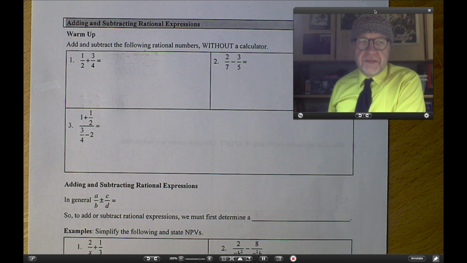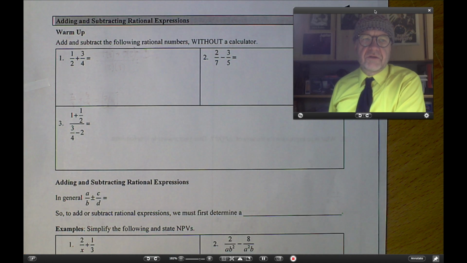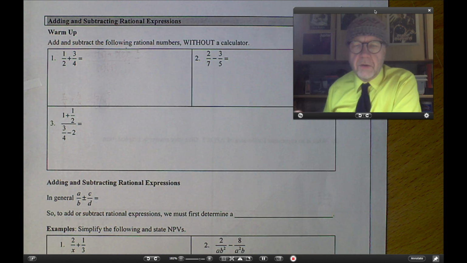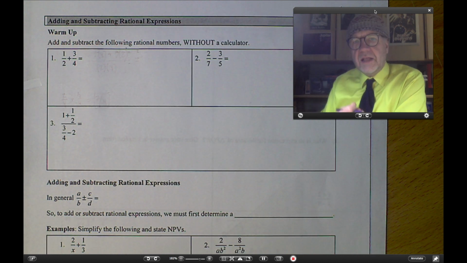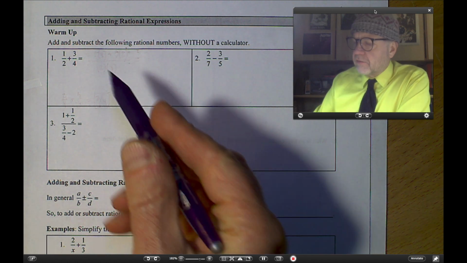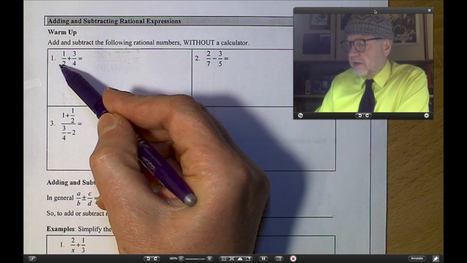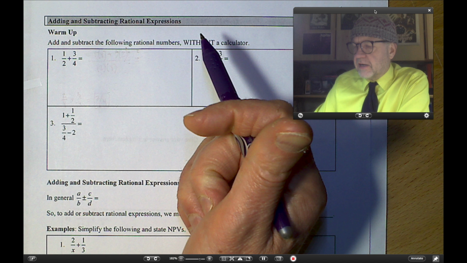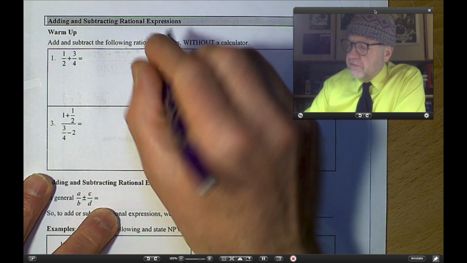Like many things in math, there's the proper long way to do things, and we show you this long way because it's more applicable and you understand how the math is working. And then there's shortcuts. So as an example of a shortcut here, 1/2 plus 3/4. Well, we know we can't add fractions without the same denominator, so we make an adjustment here.